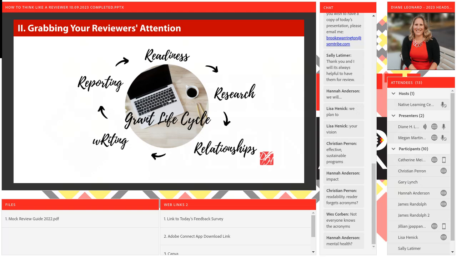So the way that we look at this life cycle and read this is by starting at the top in that 12 o'clock position as if we were looking at a clock on the wall. And so we think about readiness. Are we technically eligible? Before we move into research, so finding out information about funders that would be a great fit and doing our due diligence. We think about then moving to relationships, so having connections and making contact with grant makers.